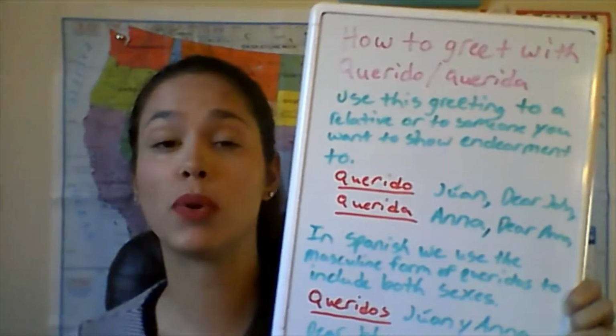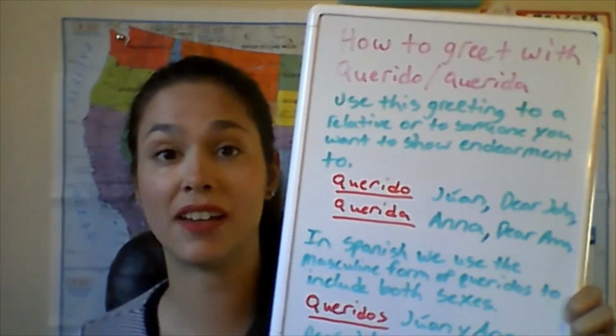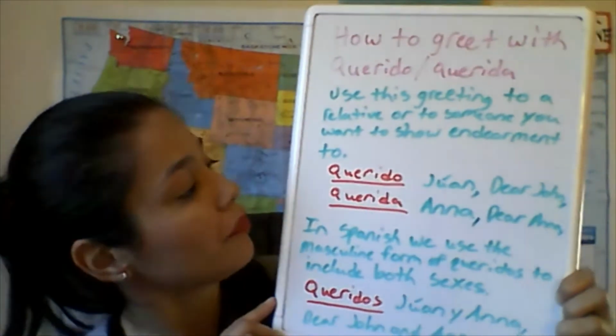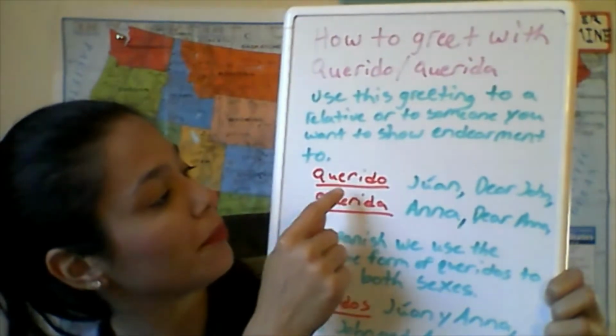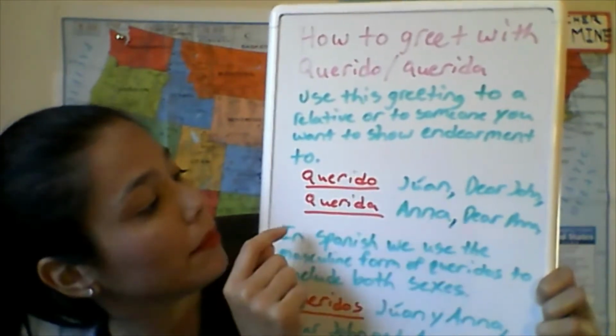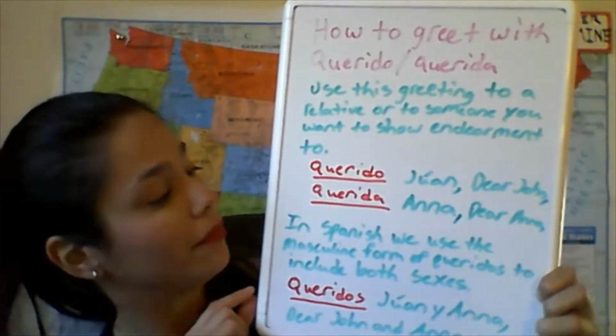Now let's review how to use the greeting querido or querida. Like I had mentioned before, we use the greeting querido or querida when we want to express endearment to the recipient. So here's an example. Querido for masculine, Juan. Dear John.